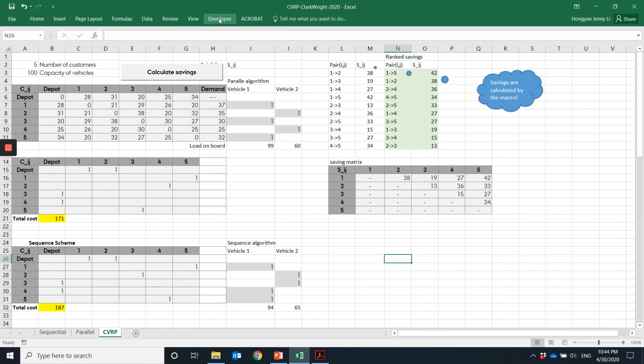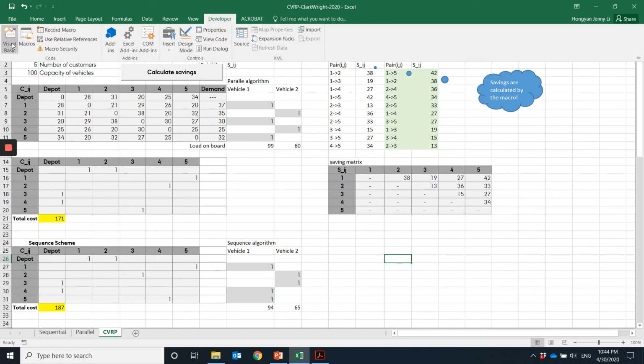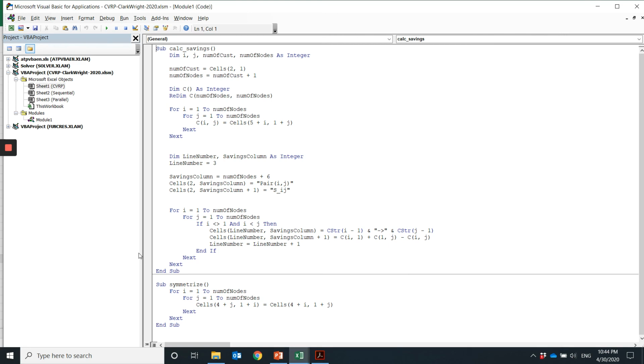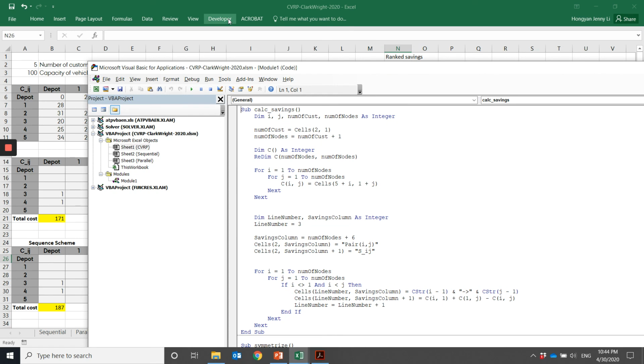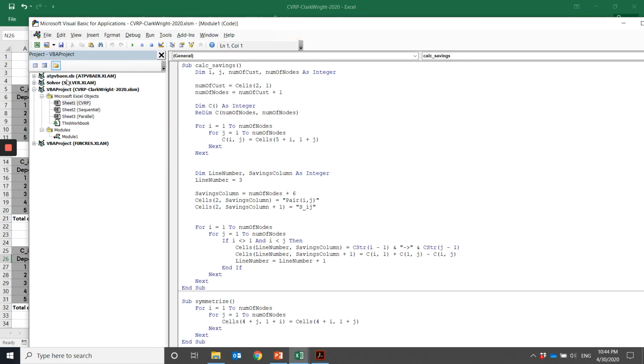Here I can show you the code in this macro. If you click the developer tab in the Excel menu bar, and then click VBA, you can see the VBA application open. Under the modules menu, you find Module 1. All the code running in this Excel workbook is written here.